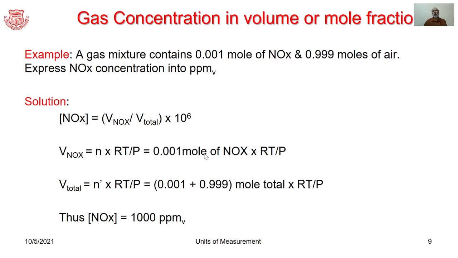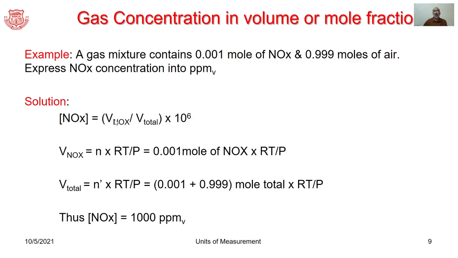Sometimes there could be a requirement to determine the gas concentration in volume or mole fraction. A gas mixture contains 0.001 mole of oxides of nitrogen and 0.999 moles of air. Express the NOx concentration in ppm based on volume. This concentration of oxides of nitrogen will be V NOx divided by V total into 10 raised to 6.